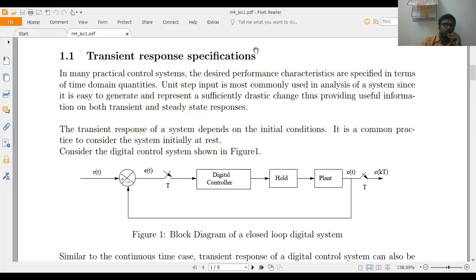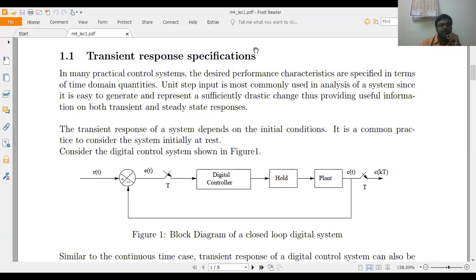Because the unit step function can be easily generated and easily represented.